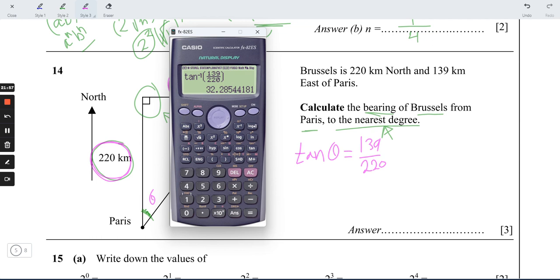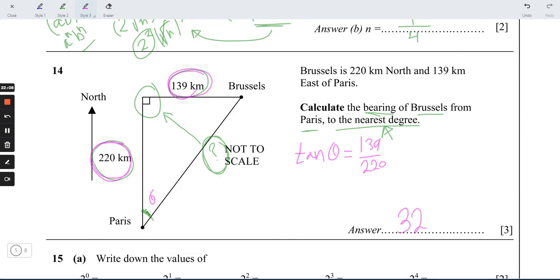32.28544181. But they need it to the nearest degree, that means it's 32, because the 2 in the tenths place is smaller than 5, you cannot round it up, so it's 32 degrees. Now we need theta, because the bearing means I need to find theta itself. For theta itself I need to use tan inverse: tan inverse of tan theta equals tan inverse of 139 divided by 220.